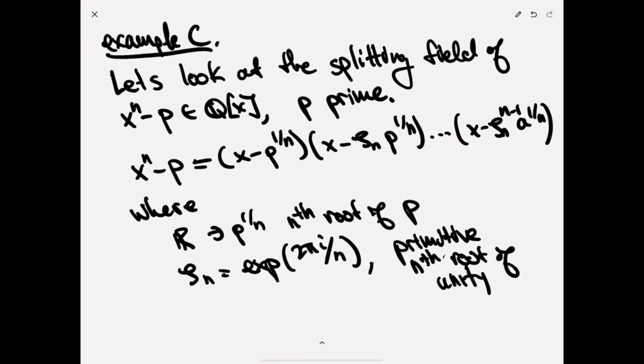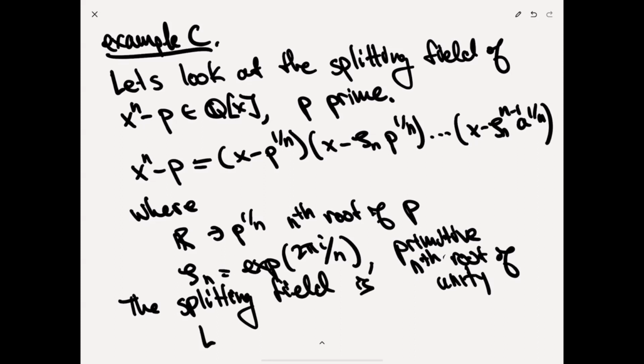Okay, so the splitting field is the following. It's L, and it's Q adjoined p to the 1 over n, and zeta n times p to the 1 over n. So p is a prime.